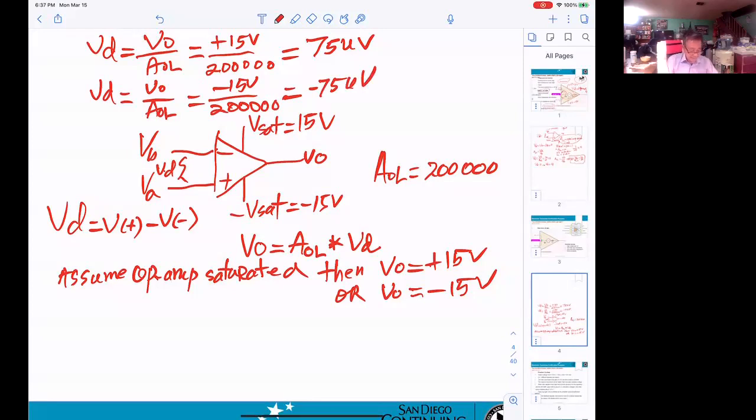Okay. And then we try to see that will be a VD. And right here will be 0 volt. So you get the VD equal 75 microvolt right here, and minus 75 microvolt right here.